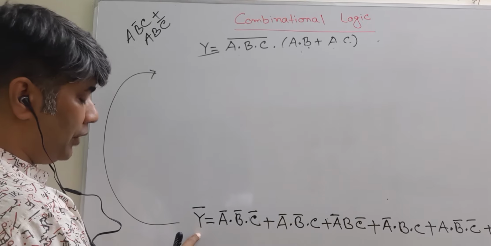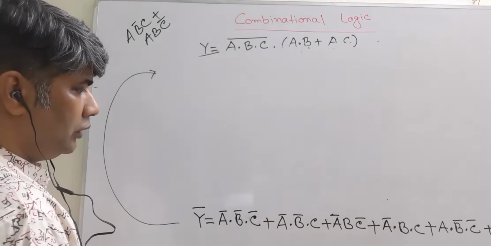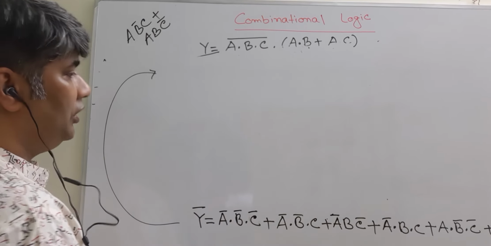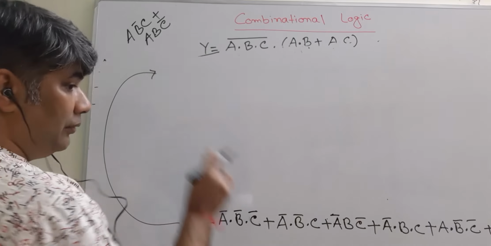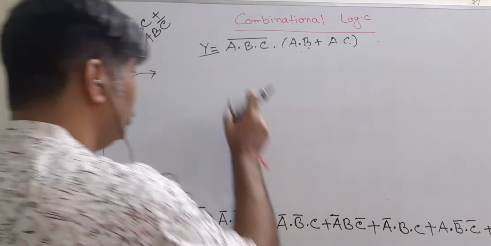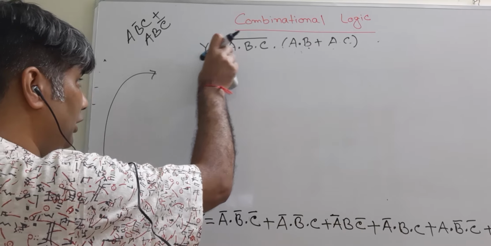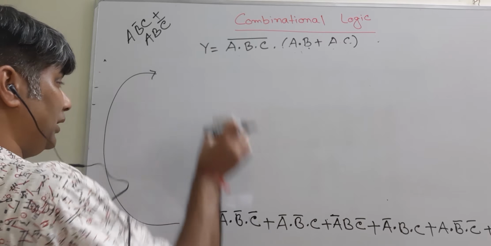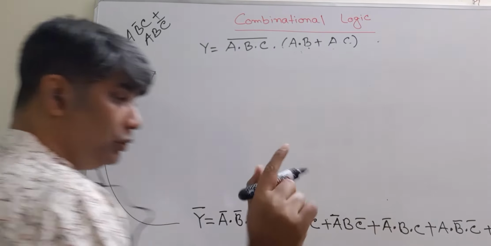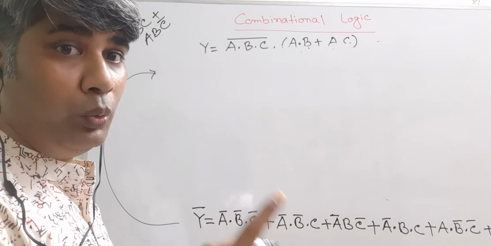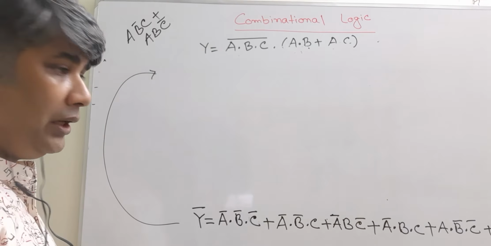So we have y prime, but we need y. Whatever we are trying to do, whether it is sum of product or product of sum, the output will be y, not y prime.